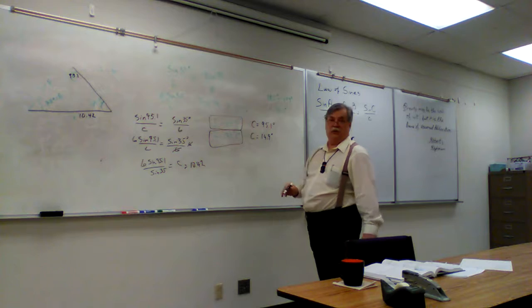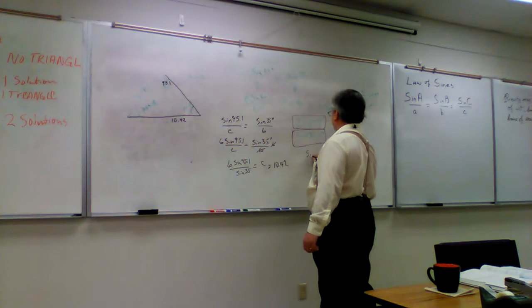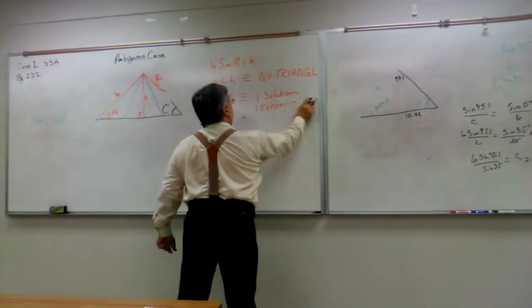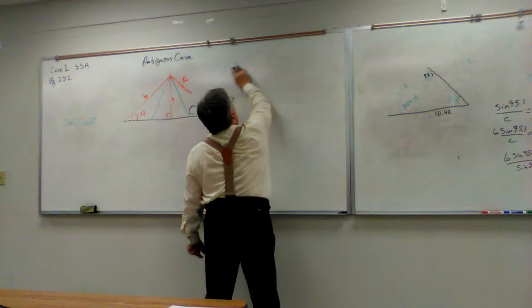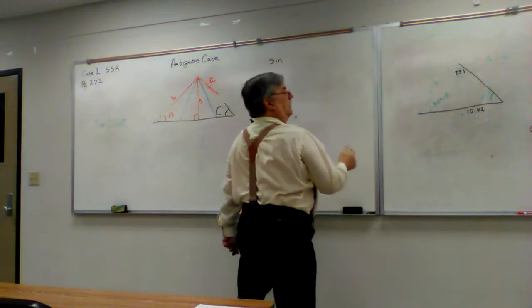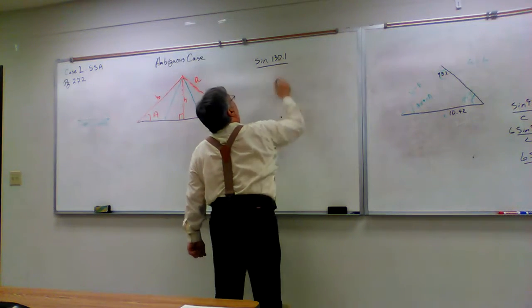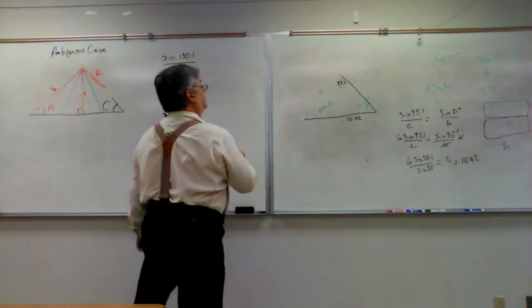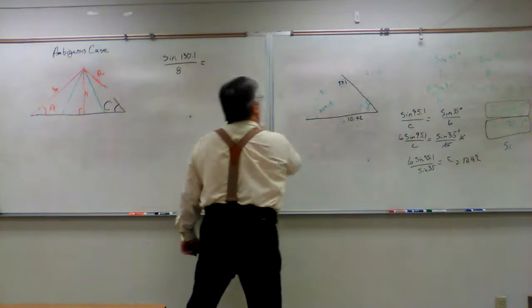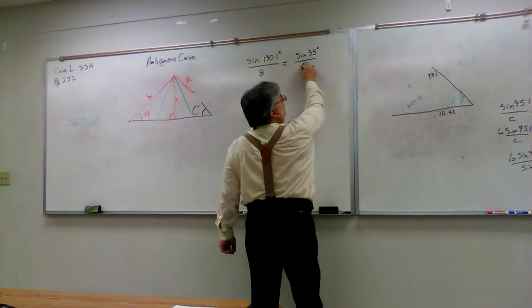Now let's repeat the solution, but this time using B equals 130.1 and C equals 14.9. Then we have sine of 130.1 divided by 8 is equal to sine 35 divided by 6.